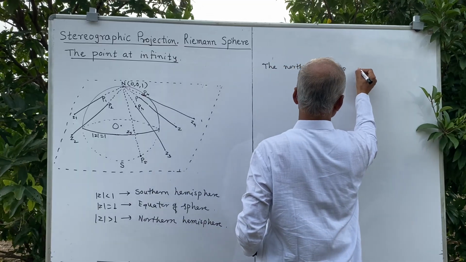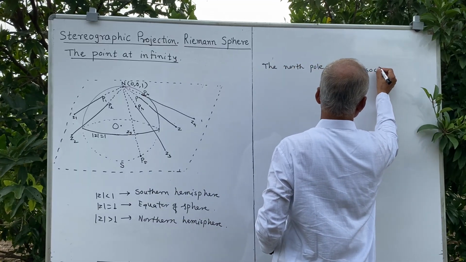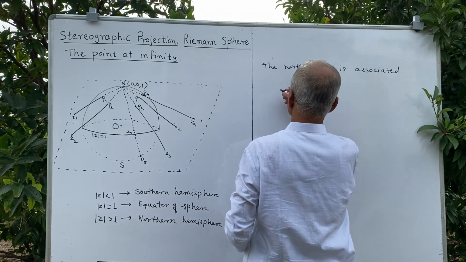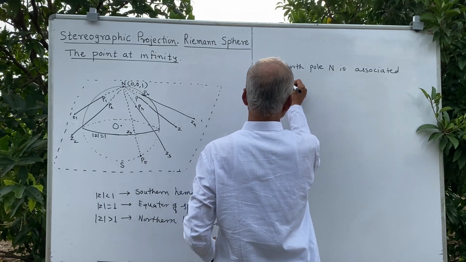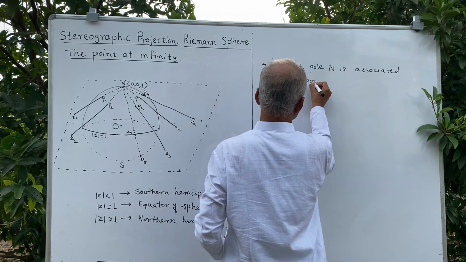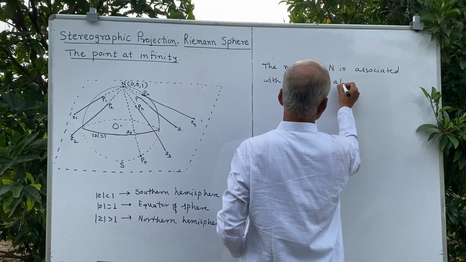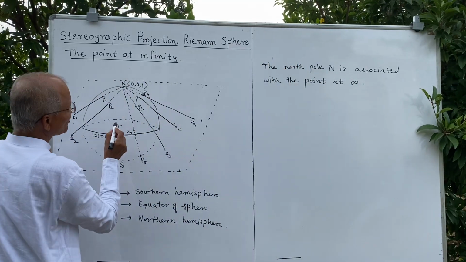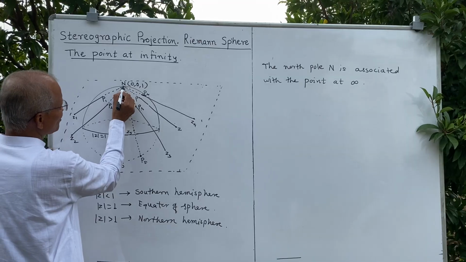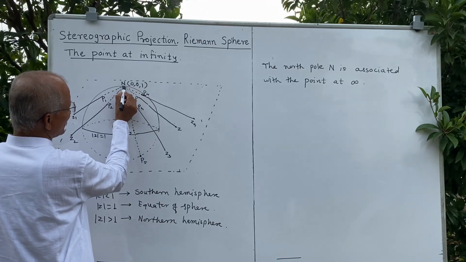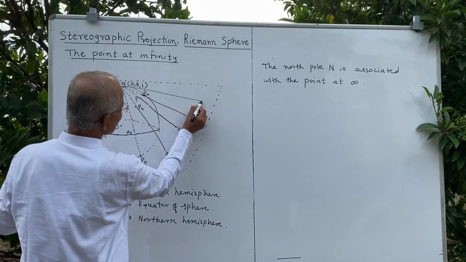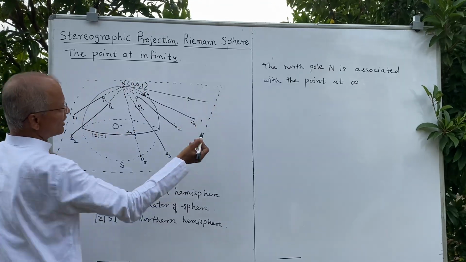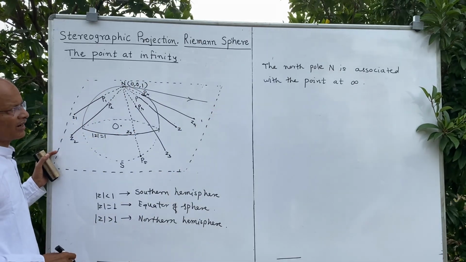is associated with the point at infinity. That means a line passing through the north pole only will be like this, and this will be associated with a point at infinity.